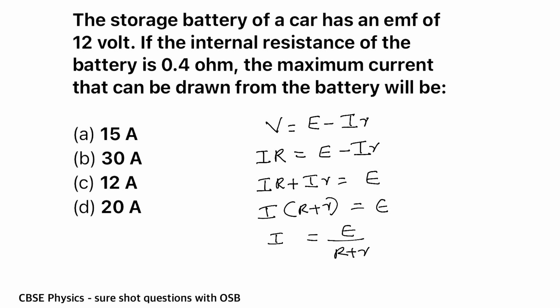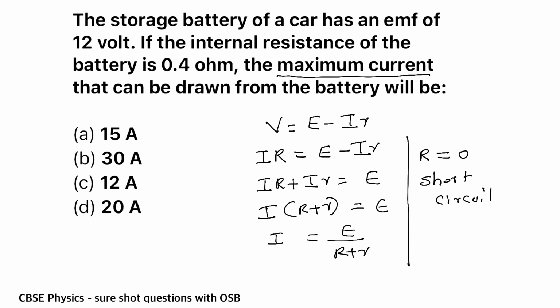Now what we have to find is the maximum current. Maximum current happens when external resistance is equal to 0. That scenario we normally call a short circuit. In such cases, the entire EMF is dropped across the internal resistance.